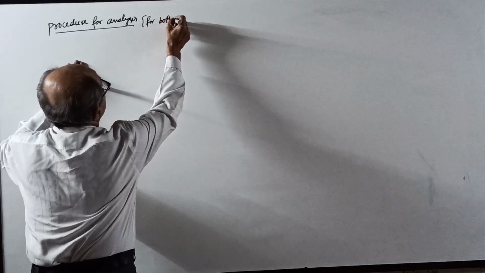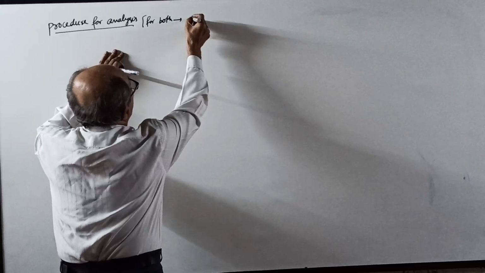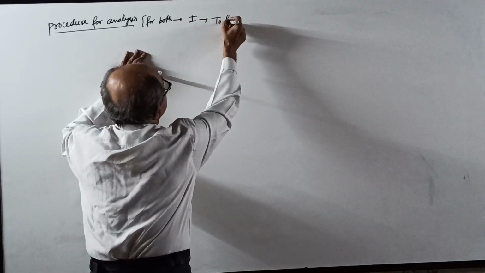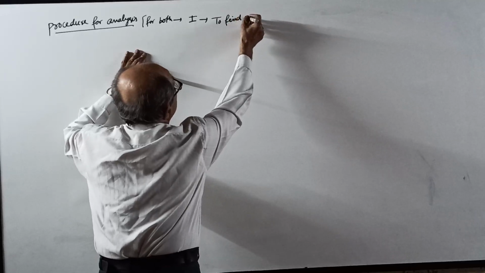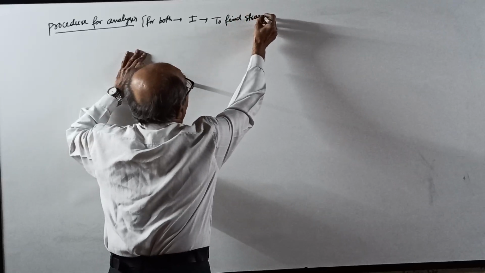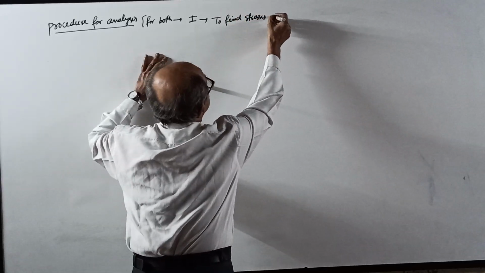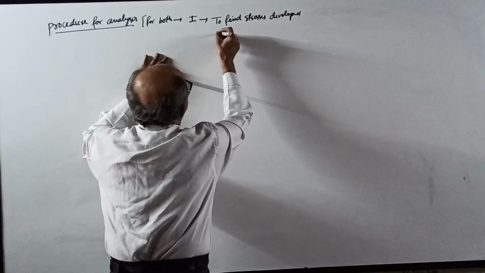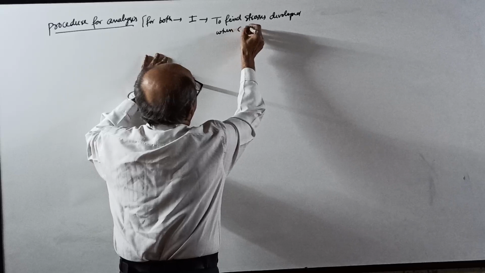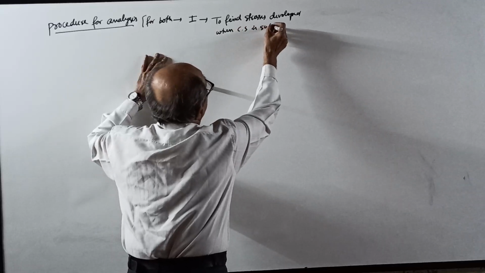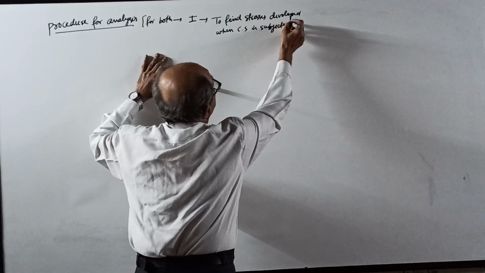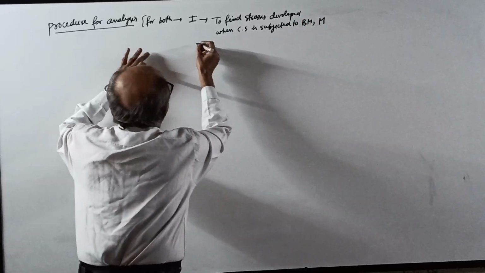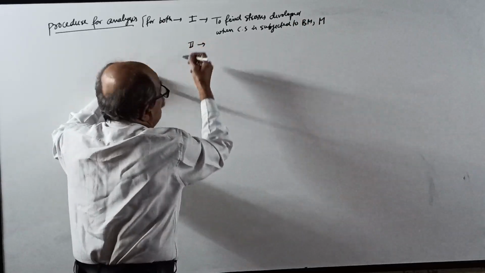For both means Roman 1. What is Roman 1? To find stresses developed. This I told earlier. Stresses developed when cross section is subjected to bending moment M.